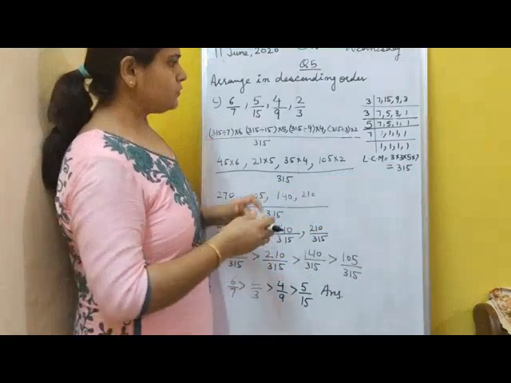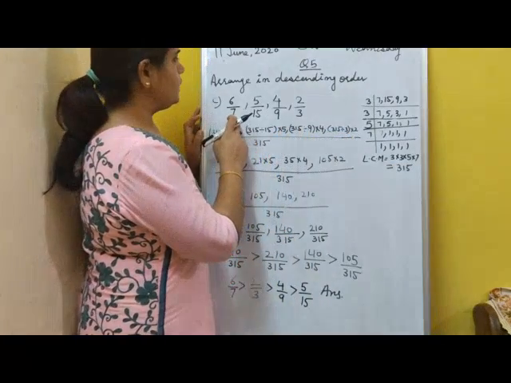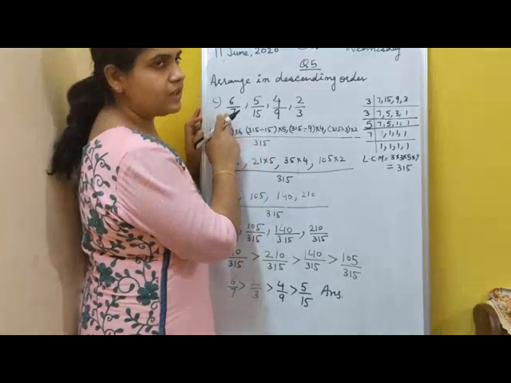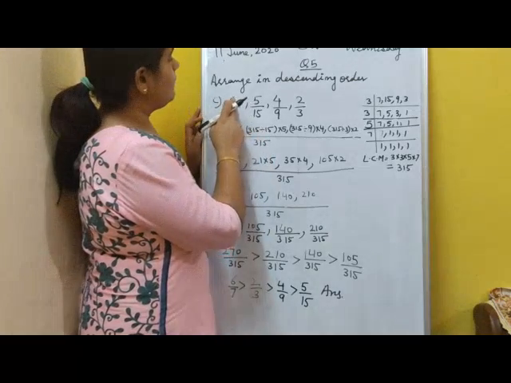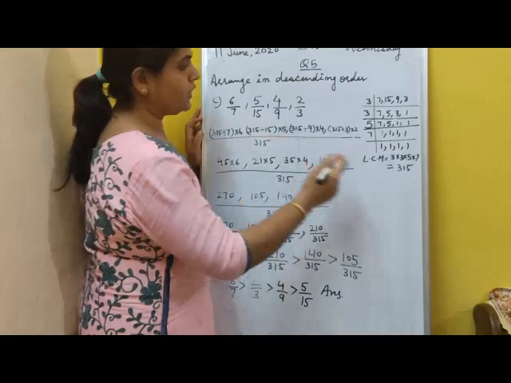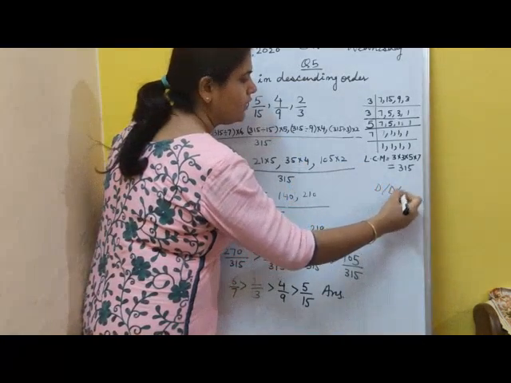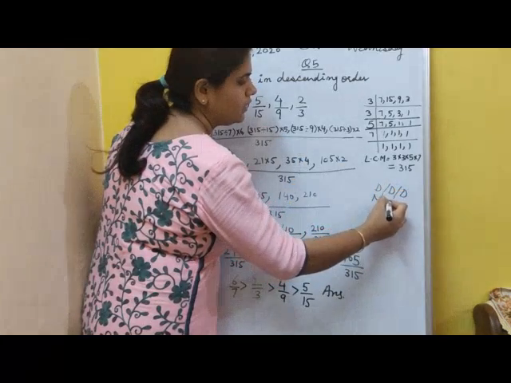Now you will write the common denominator as 315. Now you will divide 315 by the denominator and you will multiply the numerator.